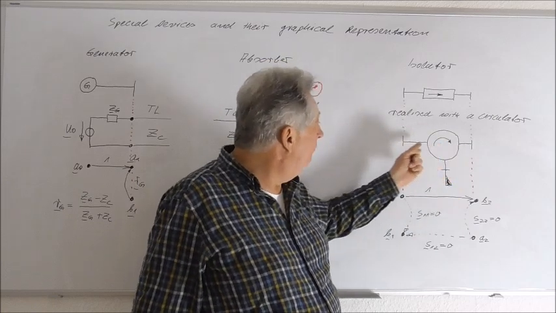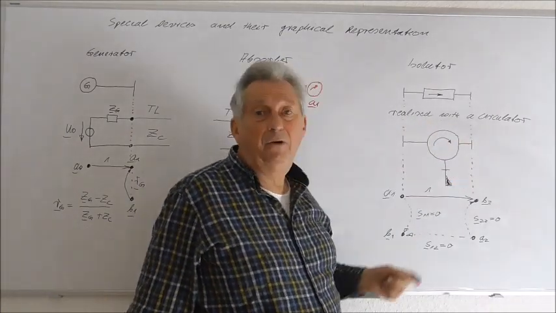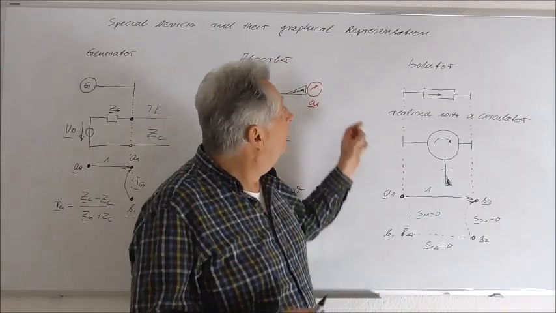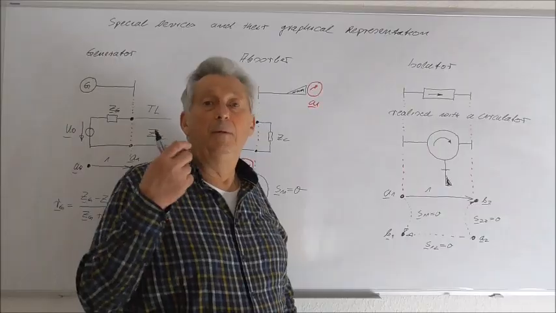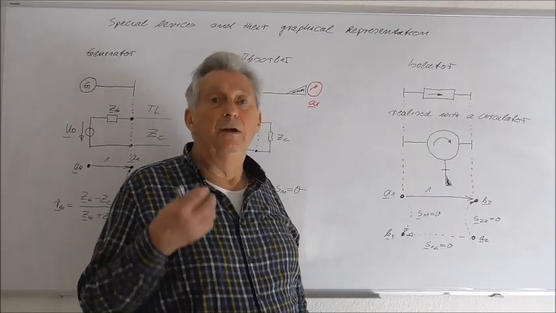So no wave will come back to port A if a wave is reflected into port 2. So these are the first essential elements we need to set up our measurement equipment.